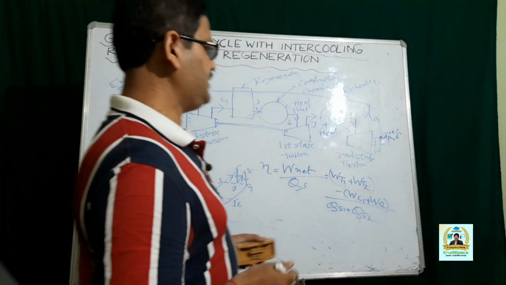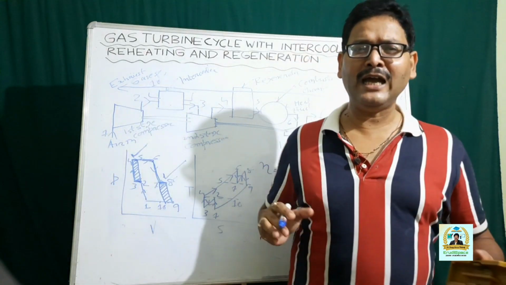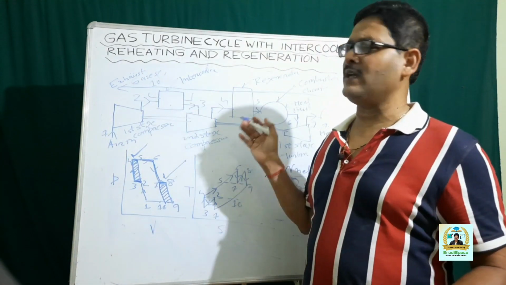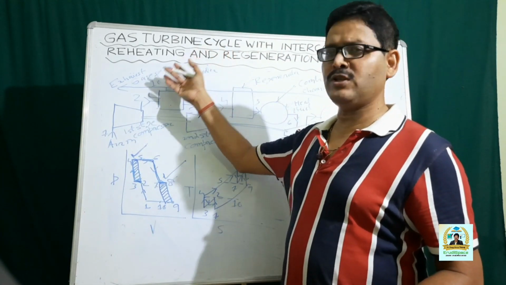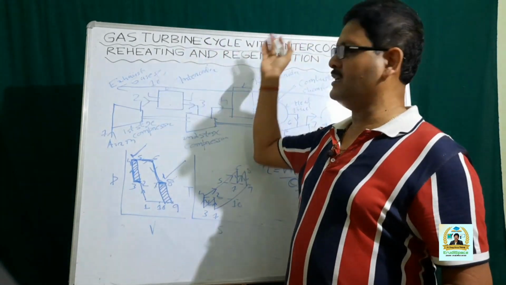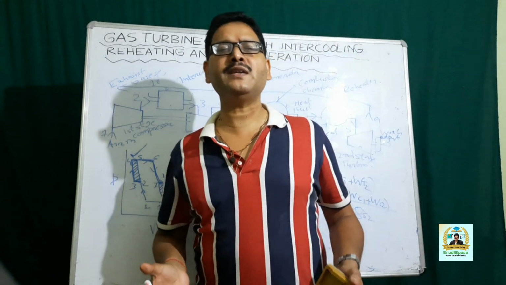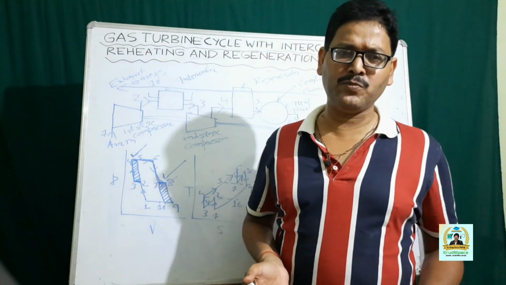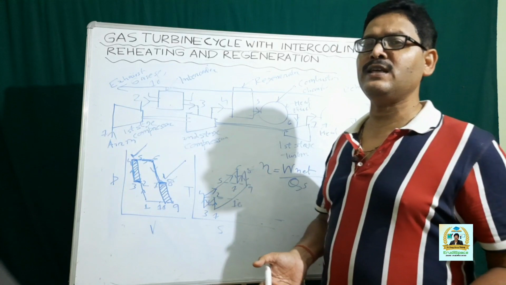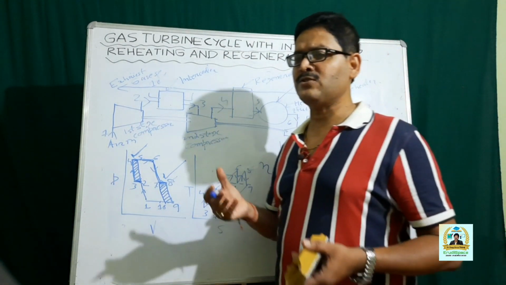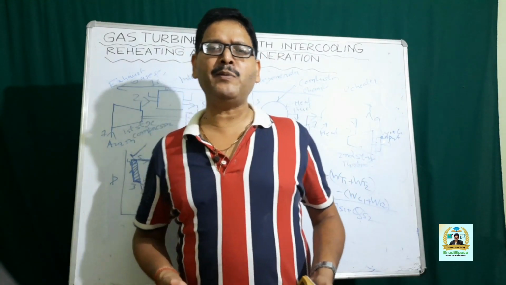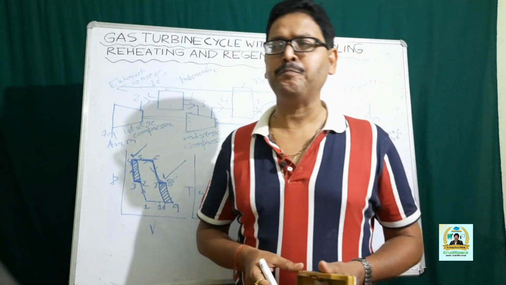So this arrangement actually helps in improving the work output, because both the reheater and the intercooler contribute towards increase in work output, and the efficiency is improved by providing the regenerator, which actually utilizes some amount of waste heat.